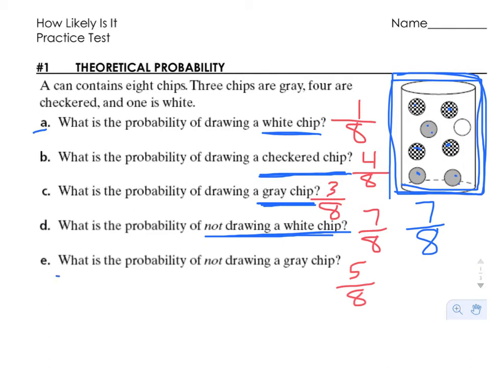Letter E is what is the probability of not drawing a gray chip. So I'm going to look for all the chips that are not gray, and I'm going to put a red dot inside of them. 1, 2, 3, 4, 5. 5 out of the 8 chips are not gray.